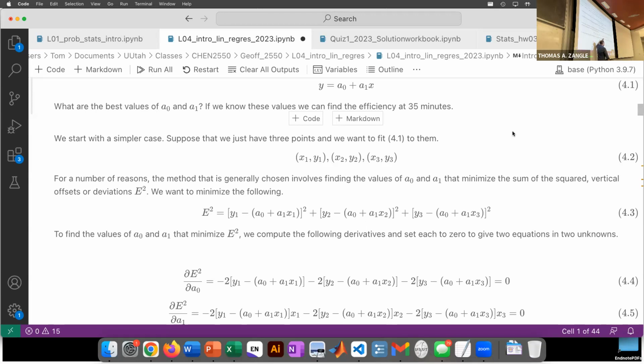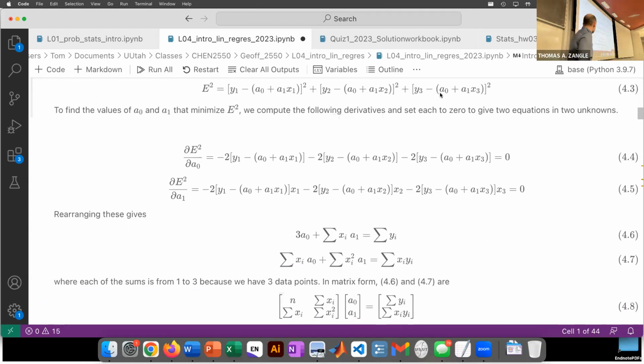It's like if we draw in some line with a given value of A0, intercept, and slope, and we plug in our extraction time, this is what that line would predict for the extraction efficiency. We're comparing that to what we actually measured for extraction efficiency at that value and squaring the difference between those two.